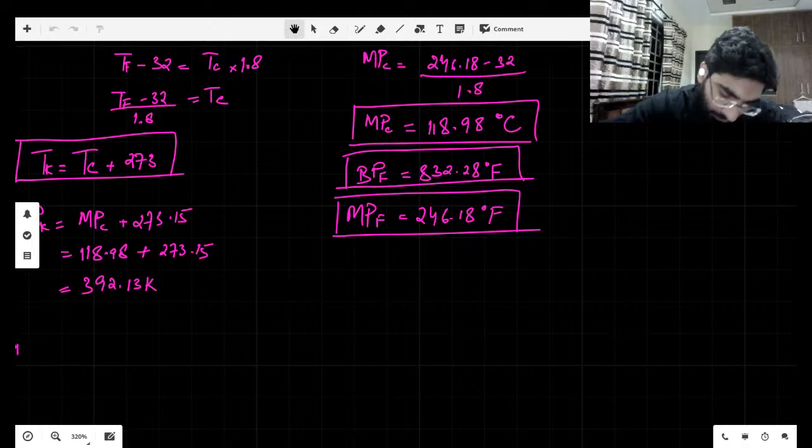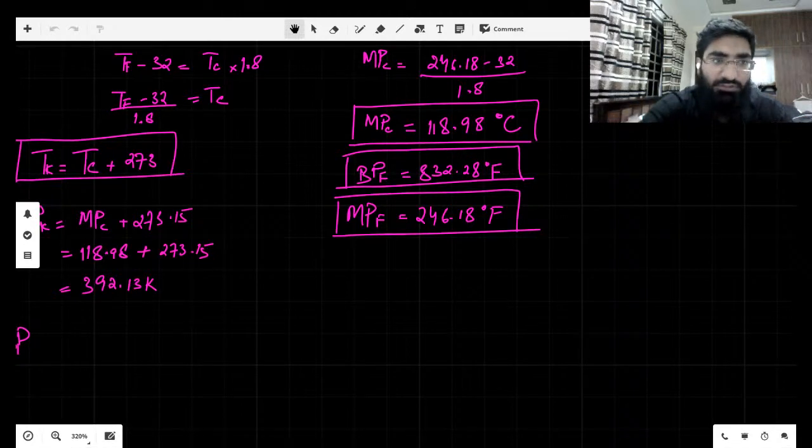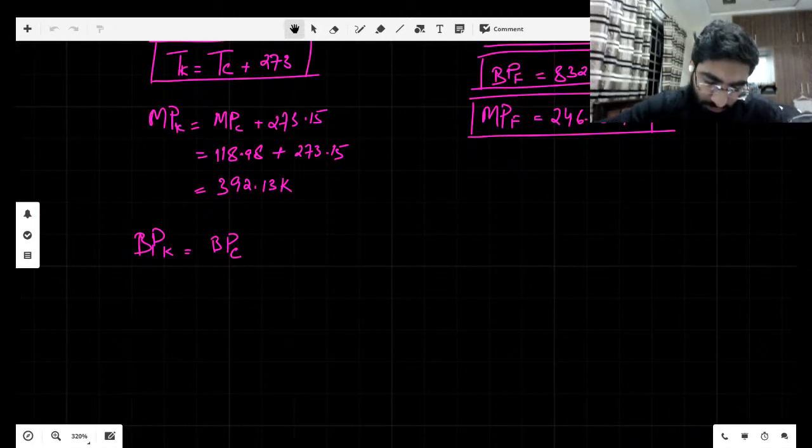Boiling point in Kelvin is equal to boiling point in Celsius plus 273.15.